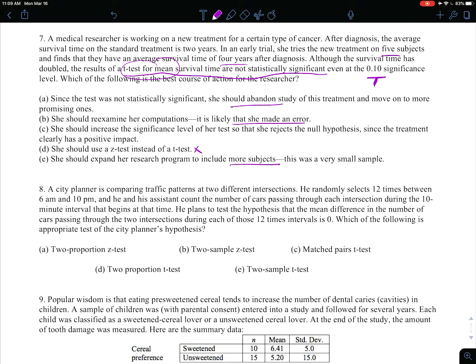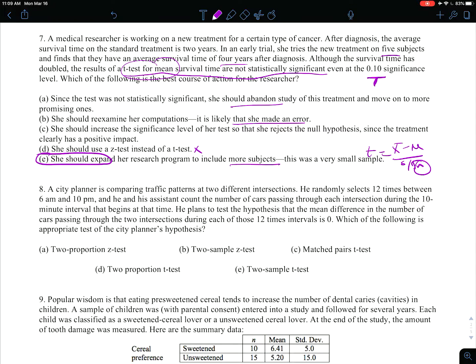Things tend to get better if we can increase our sample size. 5 was pretty small. In our t calculation, x bar minus mu over s divided by the square root of n. If that's only 5, that would probably be the best strategy here. As far as a best answer, E.